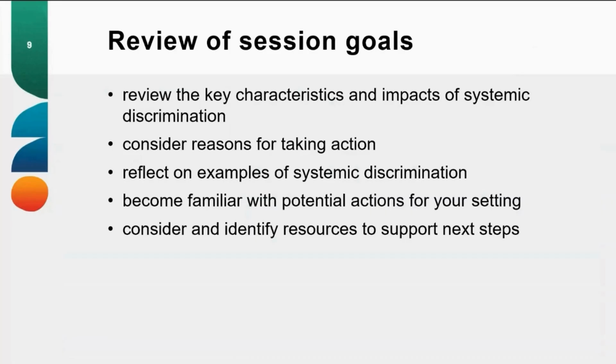Okay, we're coming to the end of our Systemic Discrimination, What We Can Do learning session. Let's take a minute to review the learning goals from all 5 modules and to reflect on which goals you have met.